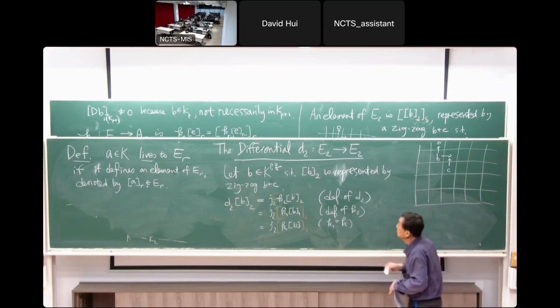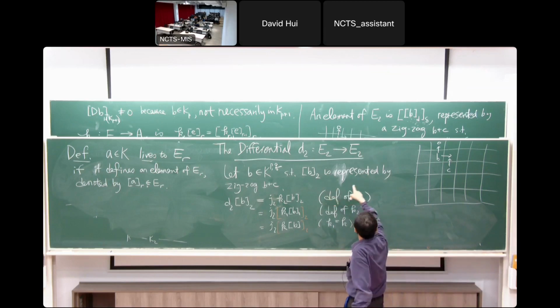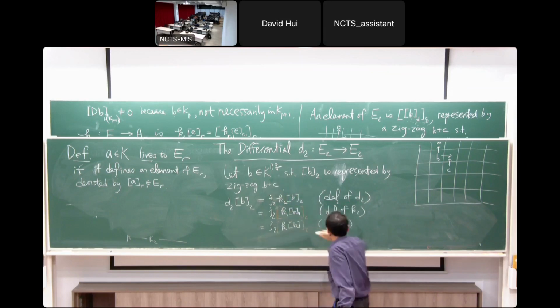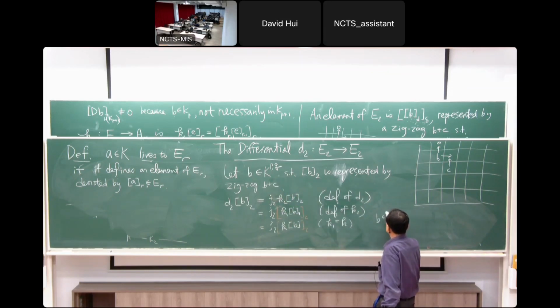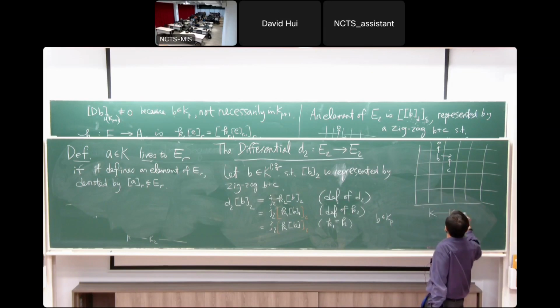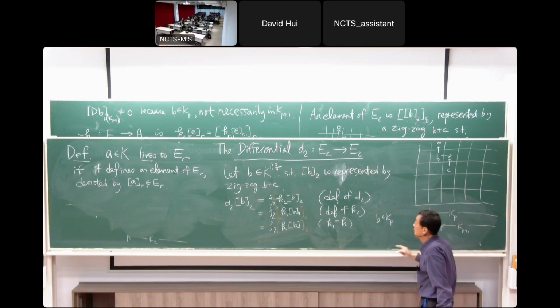Here, B is in K^{P,Q}, so B is in the filtration K^P, and C is in K^{P+1}.